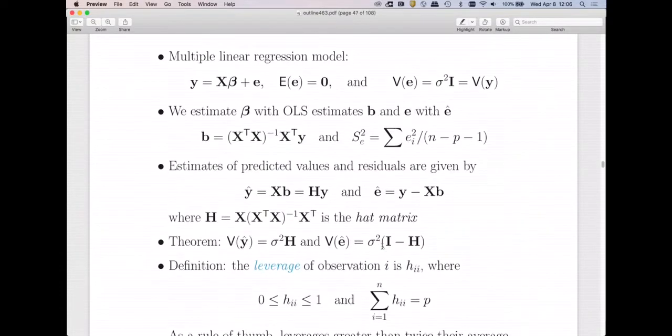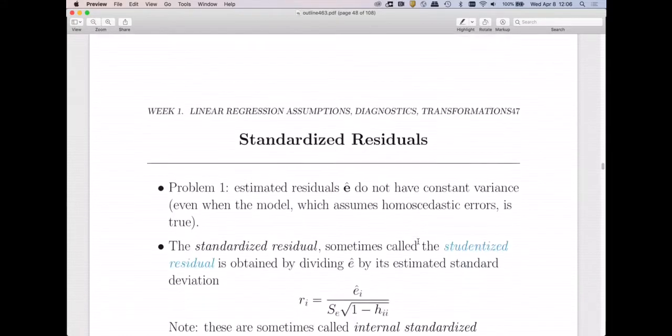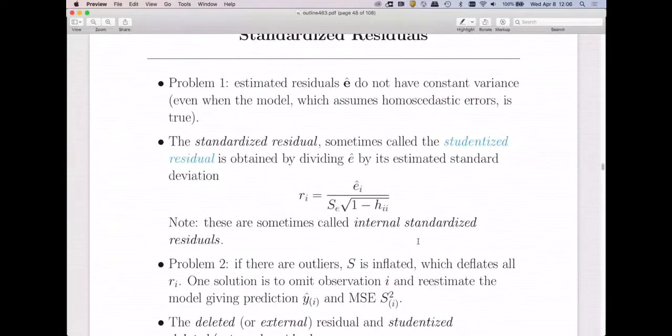Where is that coming from? Well, that's 1 minus the leverage right there. So I'm standardizing the residual. Sometimes these are called studentized residuals, sometimes they're called internally standardized residuals. There's a lot of names for it. And so when we generate the diagnostics in R, the third diagnostic shows us the standardized residuals.